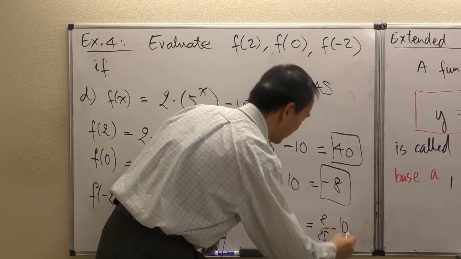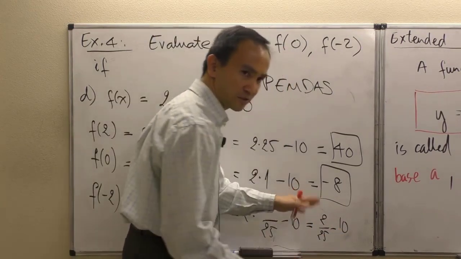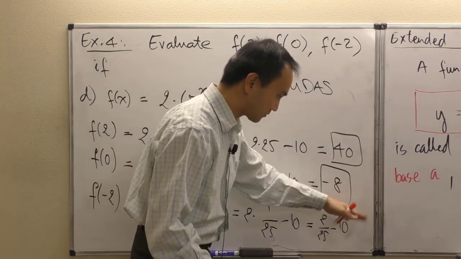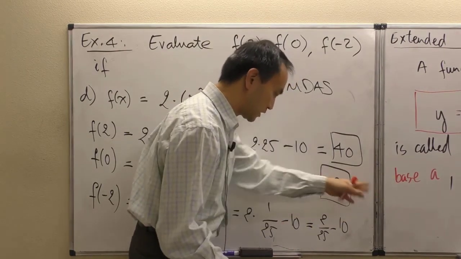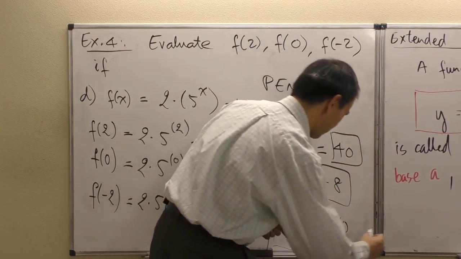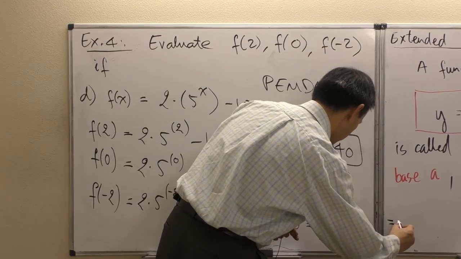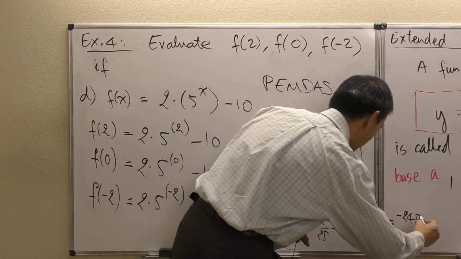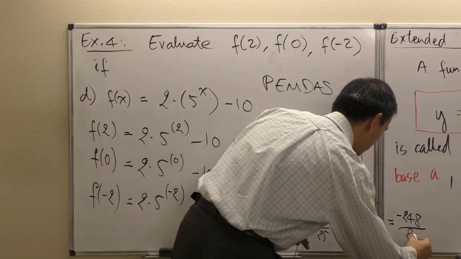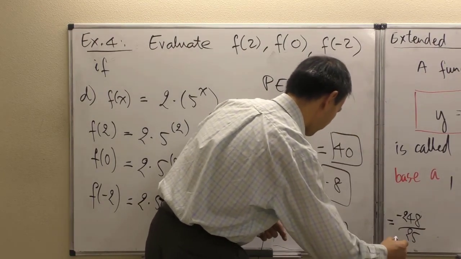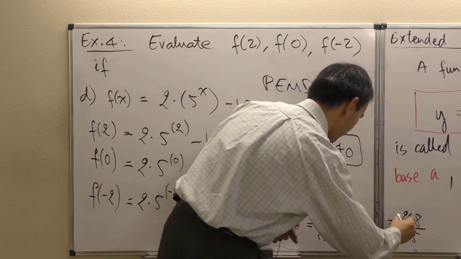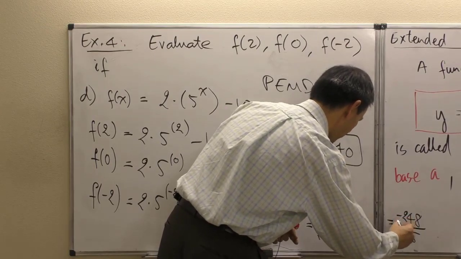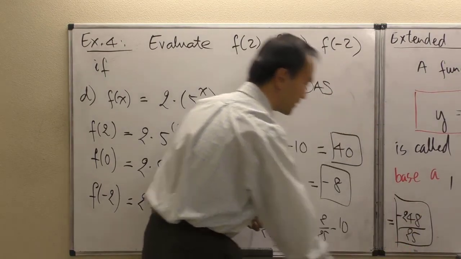And the final answer, allow me to use the visible space on my other board right there. This means we have negative 248 over 25. That's our final answer for that.